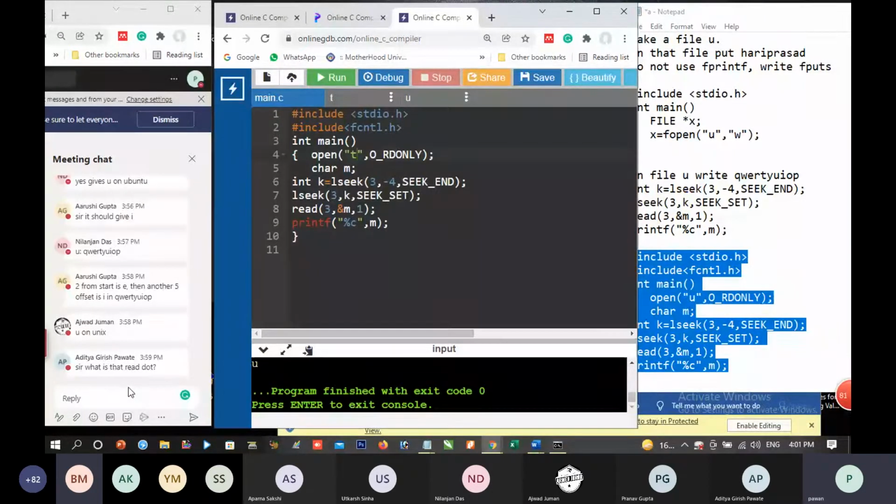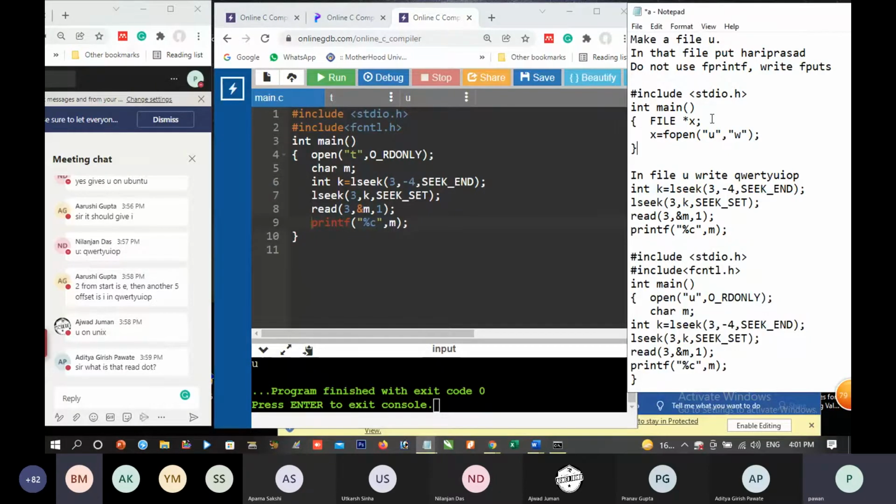That is correct. Okay, now we start. Let us see. We have somehow made a file. You see, making files is sometimes not easy. To make a file, you have to take the help of this thing. Is it correct?